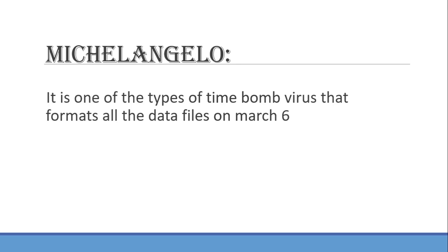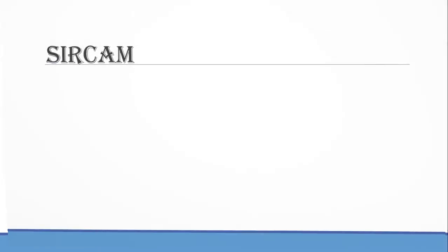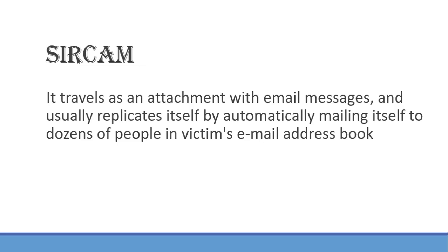So this is Michelangelo. Last we have Sircam. It travels as an attachment with email messages and usually replicates itself by automatically emailing itself to dozens of people in the victim's email address book. Whenever this virus gets into our computer system, it accesses the email address book of the host, right?